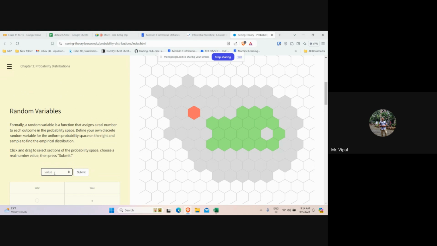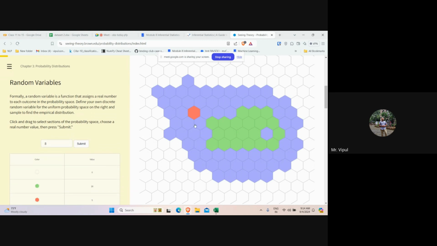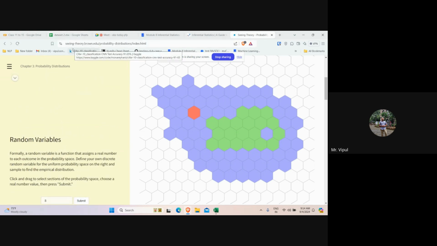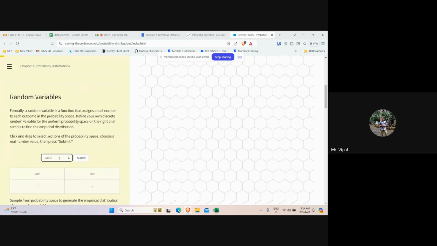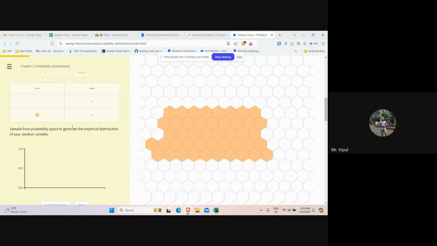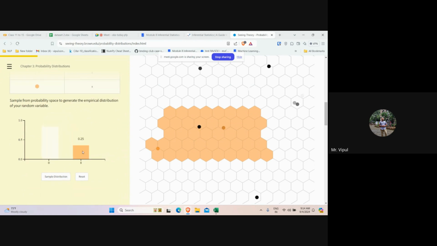So this is your probability space. Suppose we select 8 from this, and submit. 8 is this whole probability space. Submit. Sample from the probability space to generate the empirical distribution of your random variable.